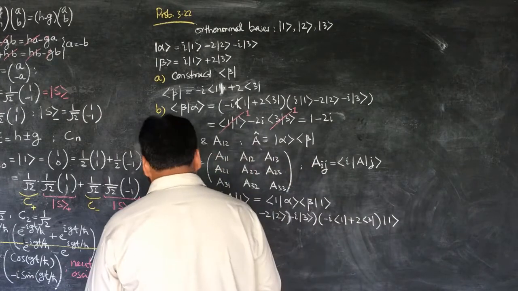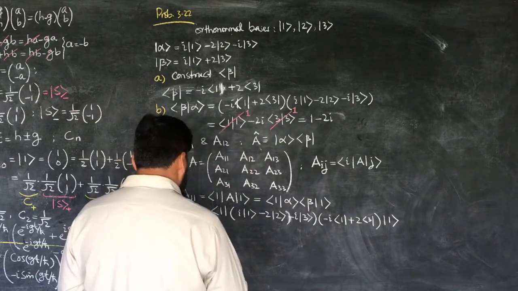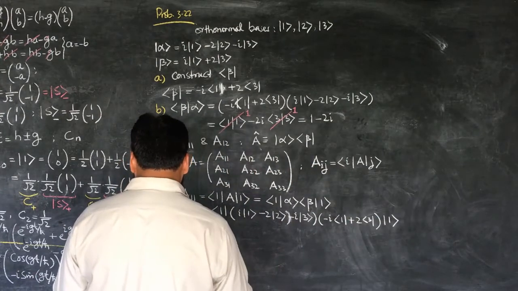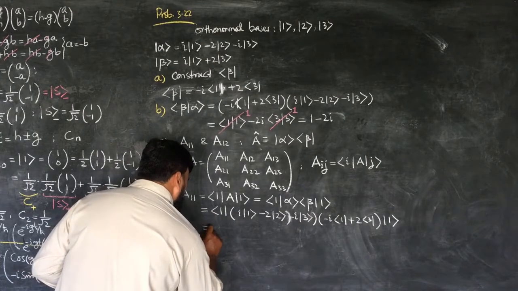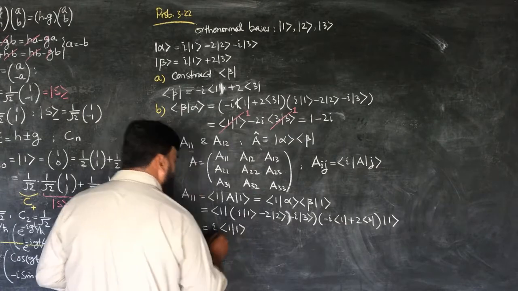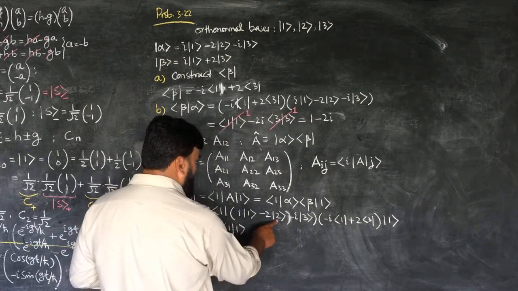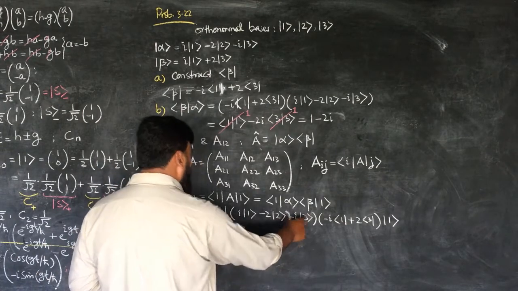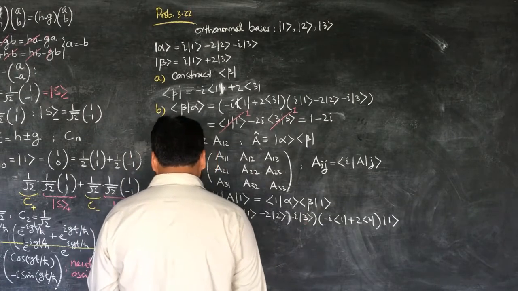Now we will have to multiply them. So when I come out of this, we will get <1|1>. And <1|2> will give 0, with <1|3> will give 0.